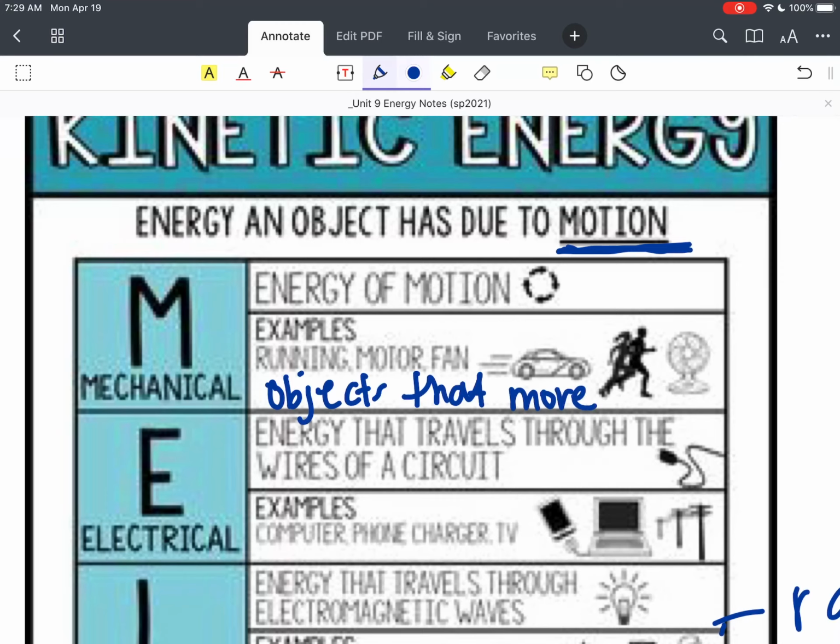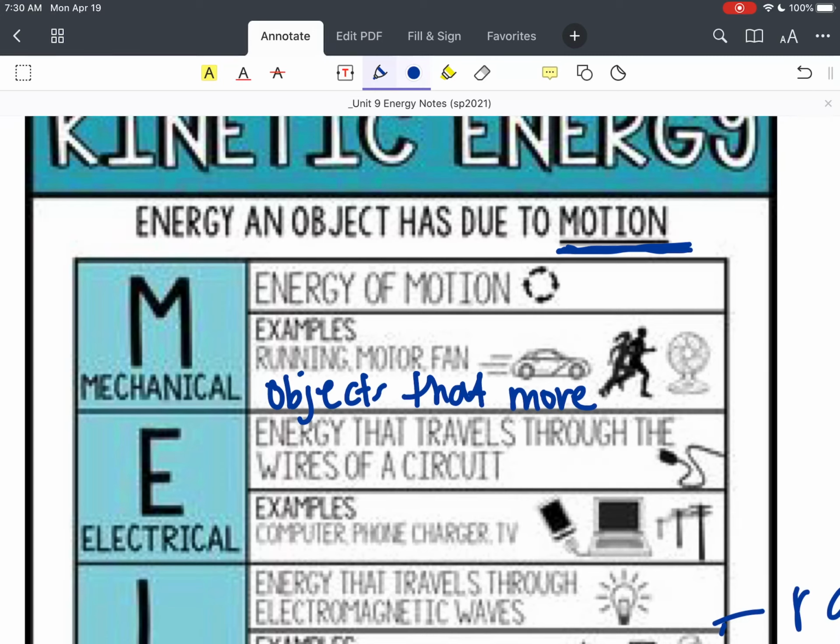If we're talking about an actual thing that you can see and touch that's moving, we're going to call it mechanical energy. So when you're running, that's mechanical energy. When you're driving a car, the car is moving, that's mechanical energy. The windmill is moving, that's mechanical energy.